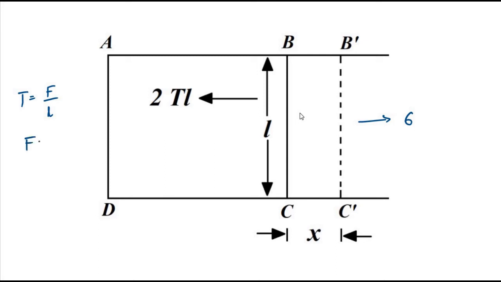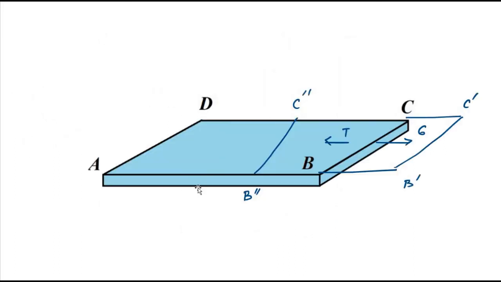So the force of surface tension is simply surface tension multiplied with length. But here, even if we have neglected the thickness of the film, surface tension acts on both the top and bottom surfaces.